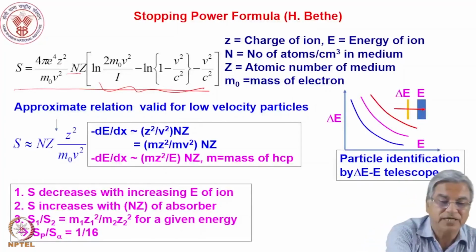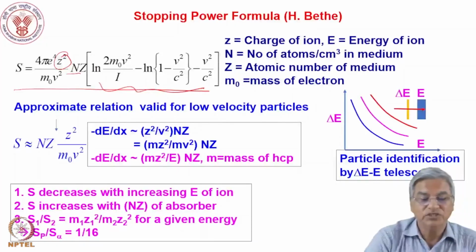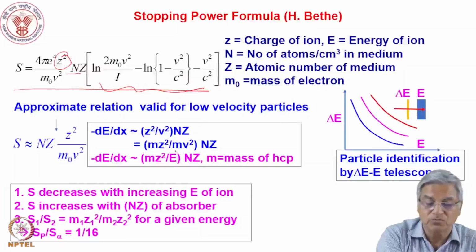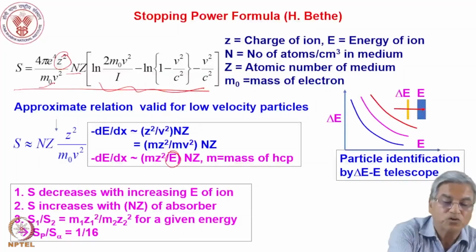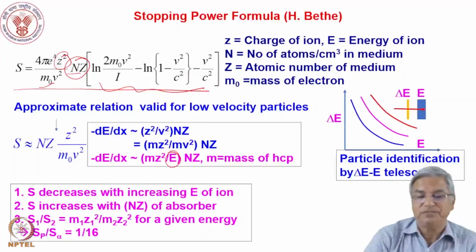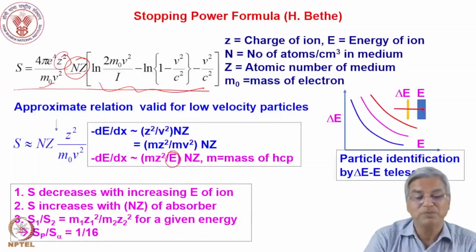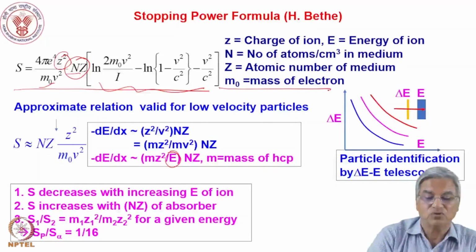So the small z here is the charge of the ion, E is the energy, so that E will not come into picture here, but you can later convert into energy of the ion. The v is the velocity of the ion, m0 is the mass of the electron, and nz is actually the electron density. So number of atoms per cc into the atomic number. That becomes the electron density, number of electrons per cc in the medium.